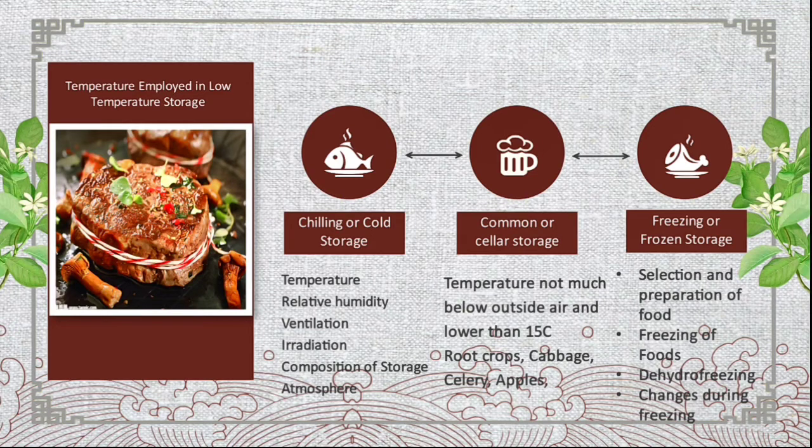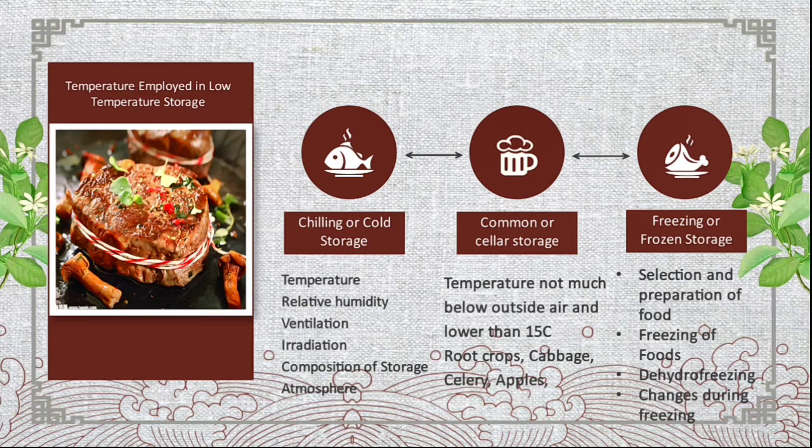First one is selection and preparation of food for freezing. Quality of food to be frozen is of prime importance, for the frozen food can be no better than the food was before it was frozen. Fruits and vegetables are selected on the basis of their suitability for freezing and their maturity and are washed, trimmed, cut or otherwise pre-treated as desired.